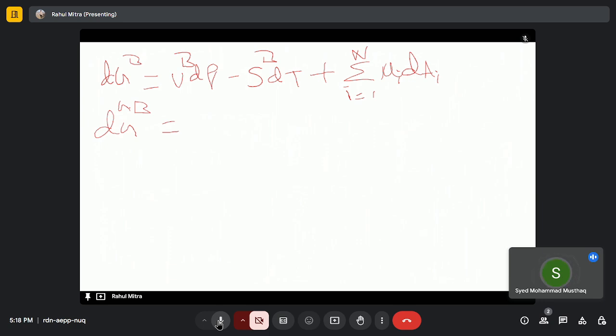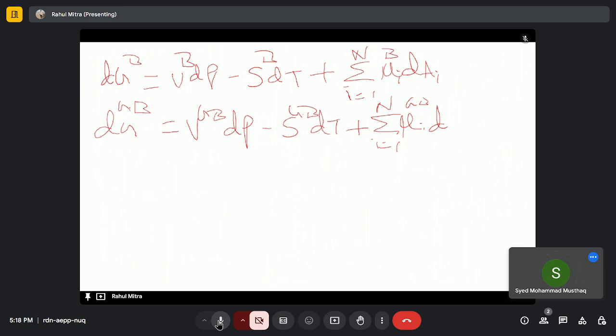So dG grain boundary will be equal to V grain boundary dP plus S grain boundary dT plus the sum from 1 to m of mu_i. Let's write it as chemical potential for the bulk grain boundary. Sorry, it shouldn't contain area. It should contain the number of particles, right? Because it is a chemical potential.